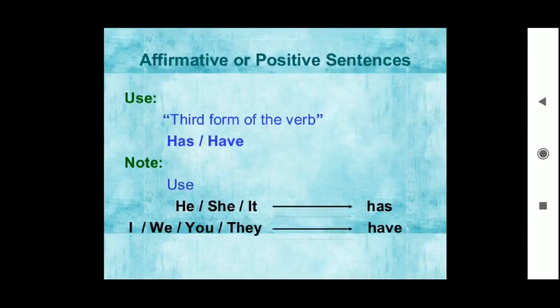As I told you, each tense has 4 forms, and those 4 forms have 4 forms, like present indefinite, present continuous, present perfect continuous.